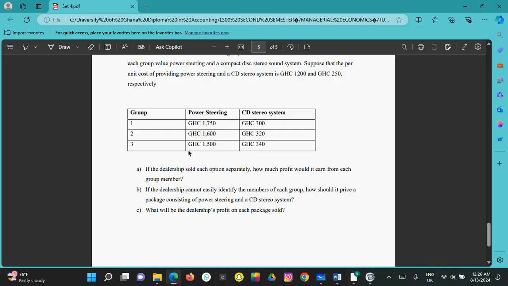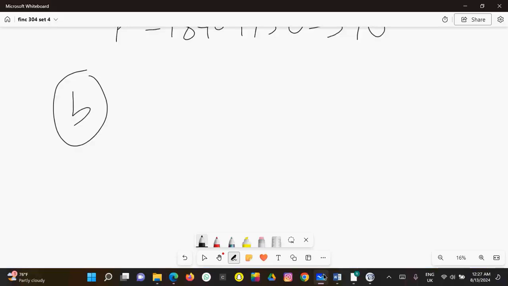So, according to our TA, if the dealership is not able to identify each group member, then the dealer should charge the lowest price of each of the categories. So the lowest price for power steering is 1,500, and the lowest price for CD stereo is 300.